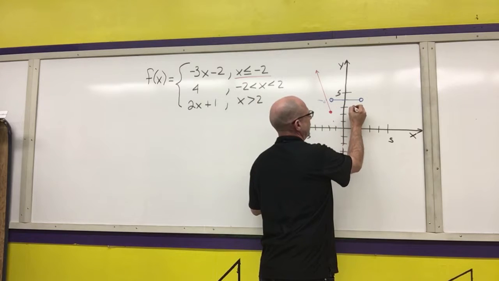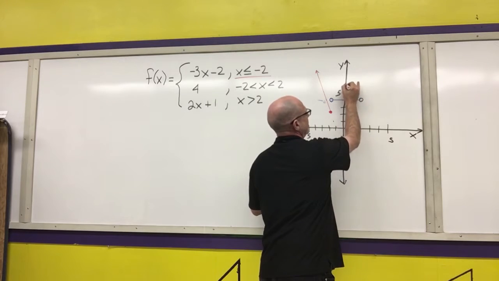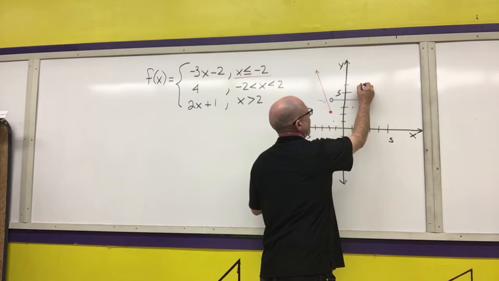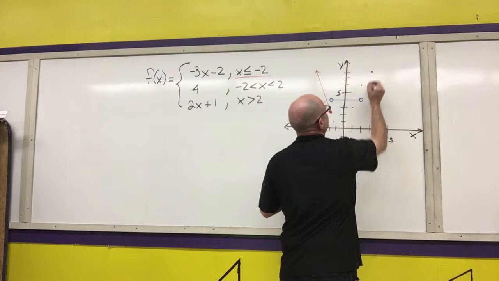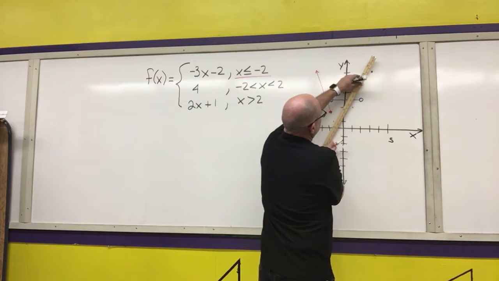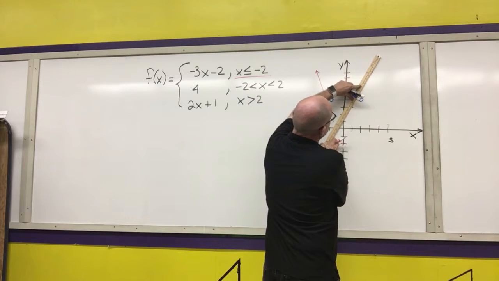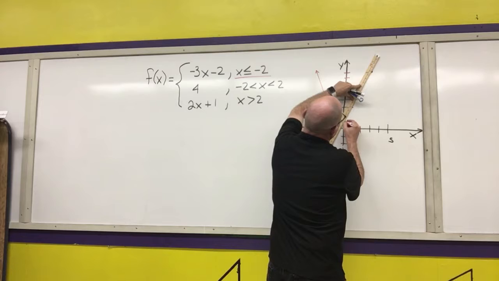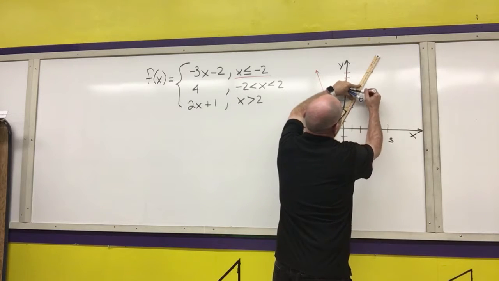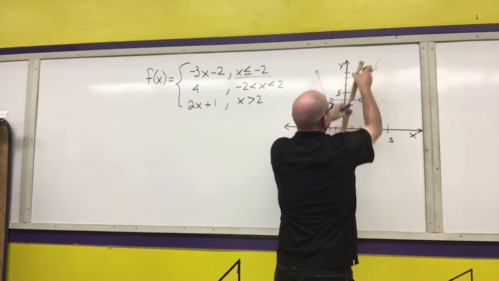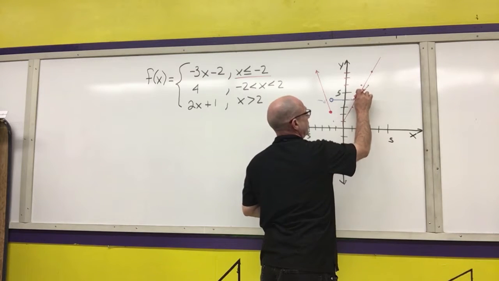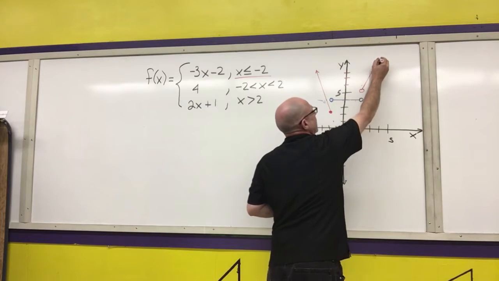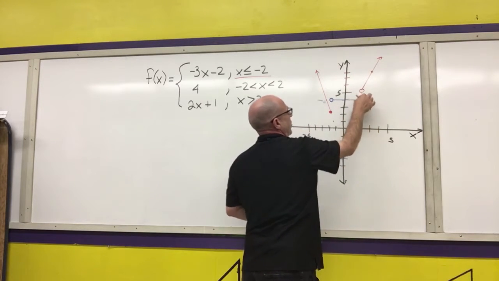So up 2, 1 to the right, and I can now graph that equation. Now, one key thing I want to point out is, hey, it only starts at 2, but this one also did not have an equal sign, so it also has a hole.